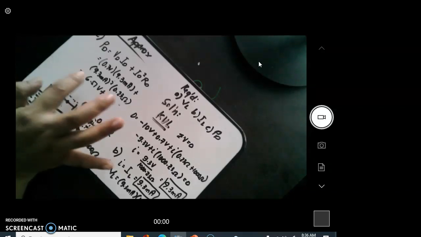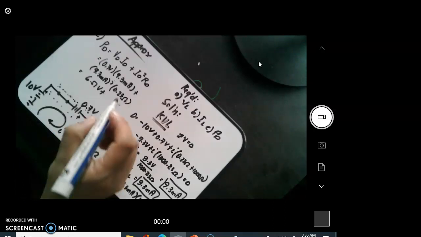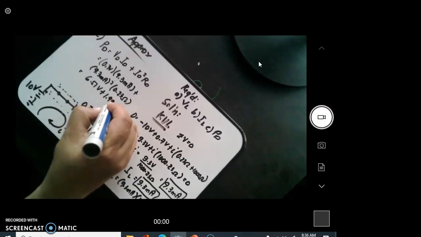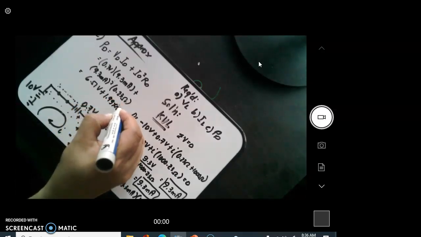Please bear with me because the display of the calculator is almost erased. So 9.3 milliampere squared multiplied with the diode resistance will give us a value of 1.99 times 10 raised to negative 5.